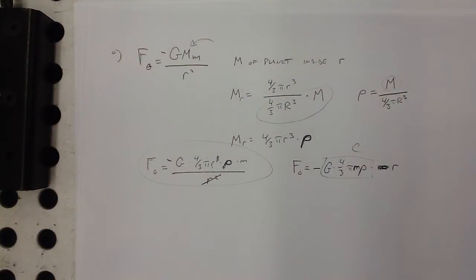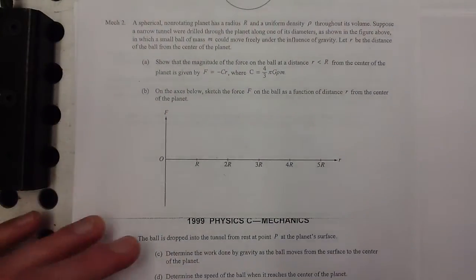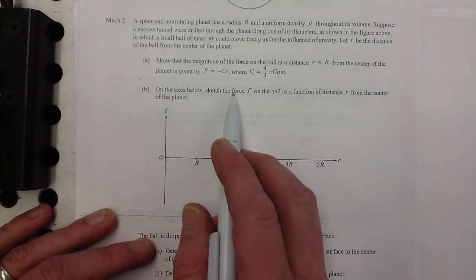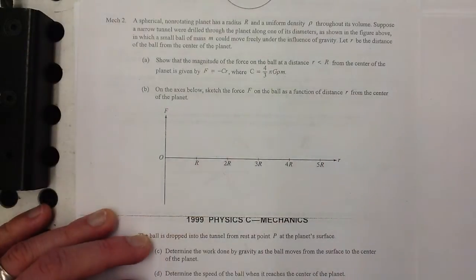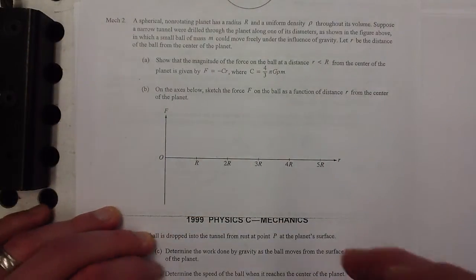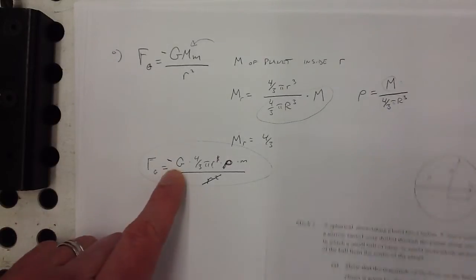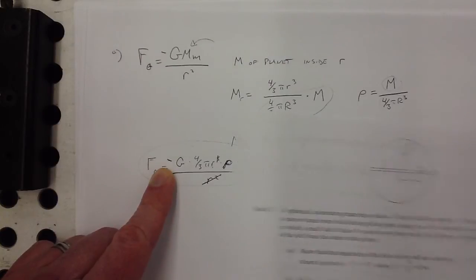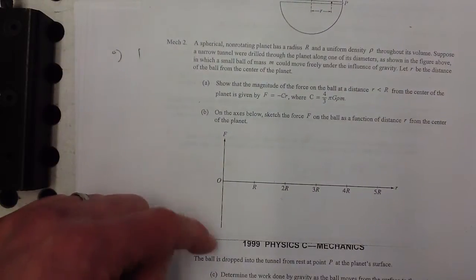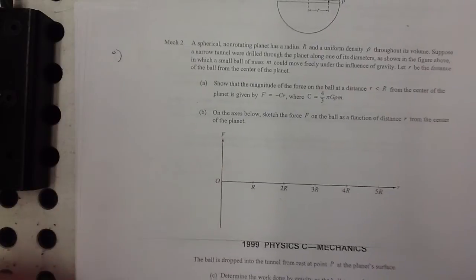Part B, on the axes below, sketch the force F on the ball as a function of the distance r from the center of the planet. Well, the force is going to always be negative, right, toward the center. So I'm going to make the whole thing underneath. I'm going to represent those as negative forces.